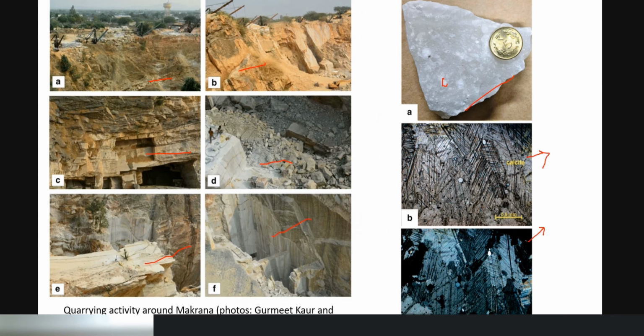When you cut a thin slice, 0.3 micron thin, and place it on glass, then when you see it through the microscope, you will find these structures. This is the calcite mineral of which these Makrana marbles are made.